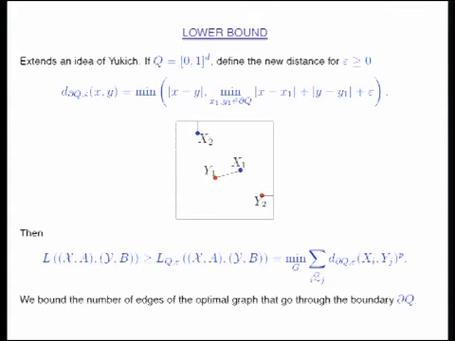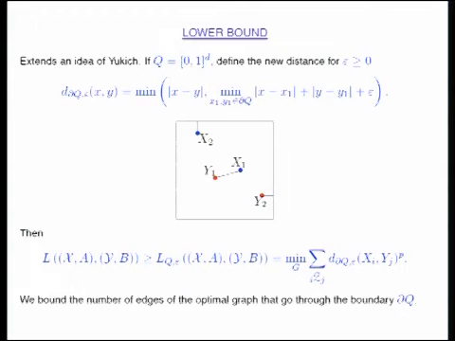The distance between 2 points will be the minimum of the Euclidean distance and the distance of x to the projection of x on the boundary of the cube, plus the distance of y to the projection of y on the boundary of the cube, plus some cost epsilon. So it's very important here to put epsilon.